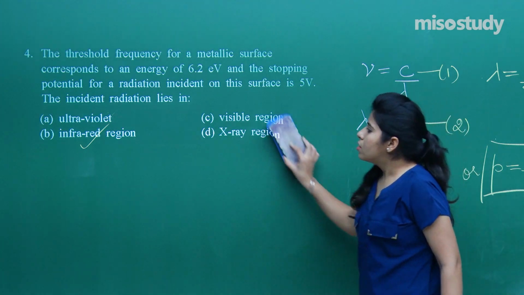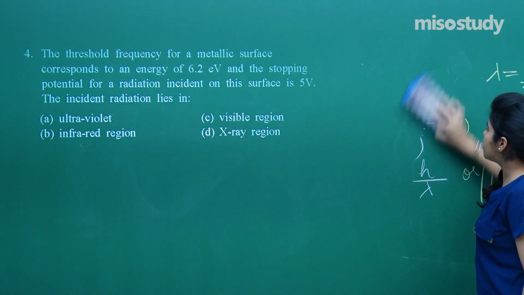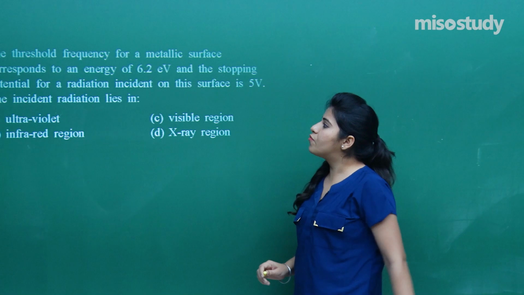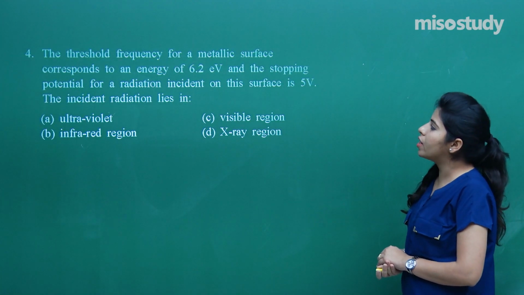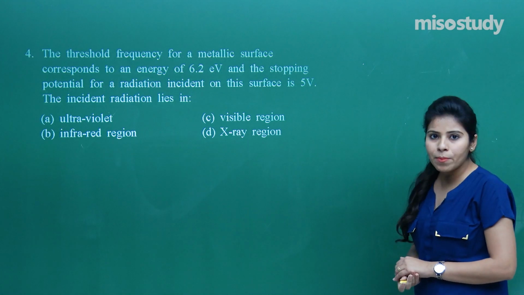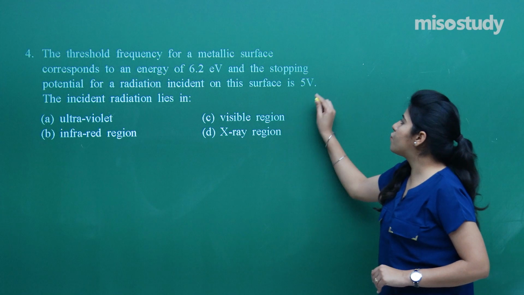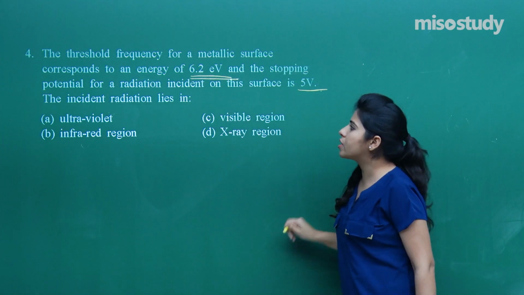All right. So the next question says that the threshold frequency for a metallic surface corresponds to an energy of 6.2 electron volt, and the stopping potential for a radiation incident on this surface is 5 volt. Now just see what are the two things that have been given.